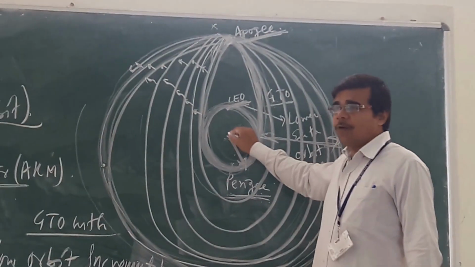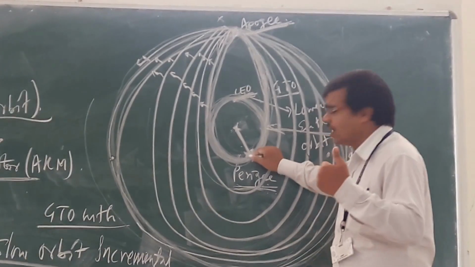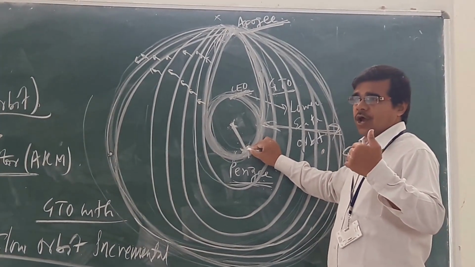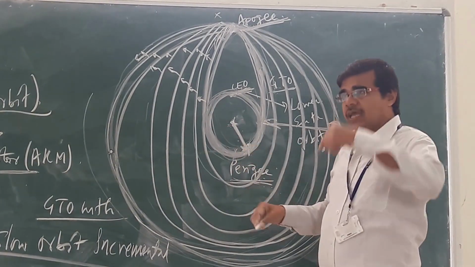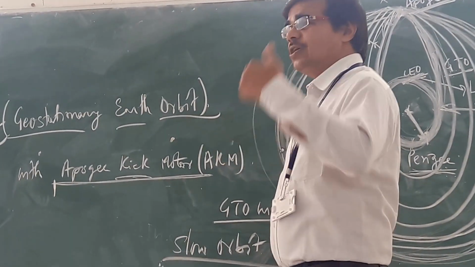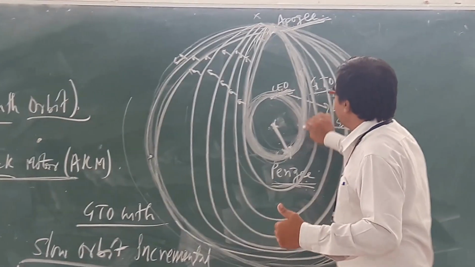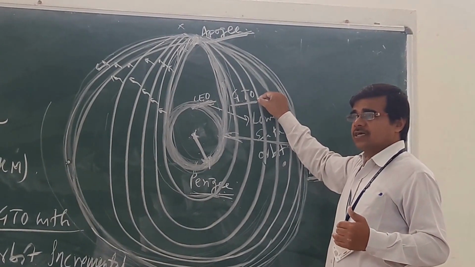So from the Earth, the launch vehicle is carrying the satellite to the lower Earth orbit, and when it is going to your lower Earth orbit, it is your launch vehicle's energy only which is making it move to your geostationary transfer orbit.